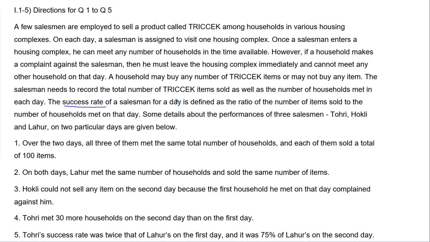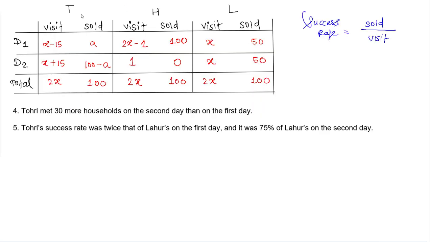Success rate is the ratio of the number of items sold to the number of households met. So T's success rate on day 1 becomes A divided by x minus 15, which is equal to twice L's success rate on day 1, that is equal to 50 divided by x.